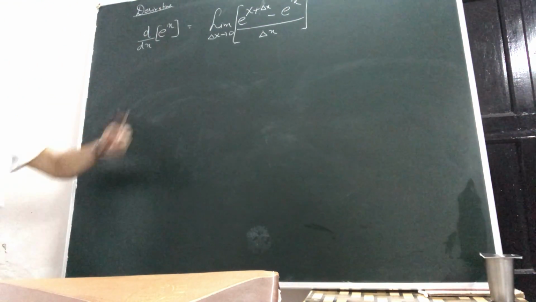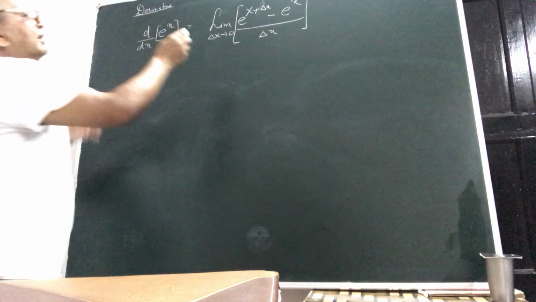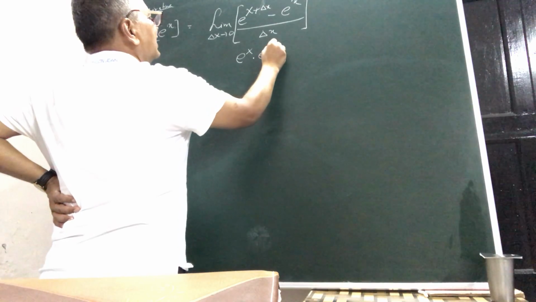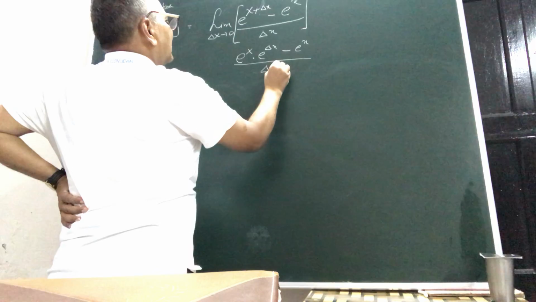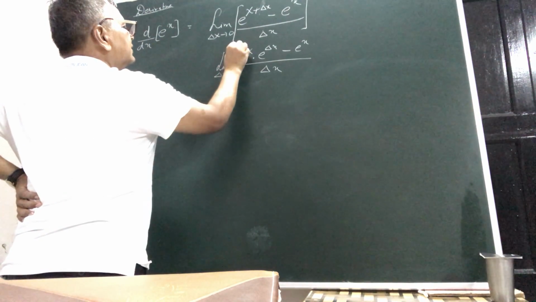We have simply invoked the fundamental definition. And then we can write e raised to power x plus delta x minus e raised to power x upon delta x, limit delta x tends to 0.